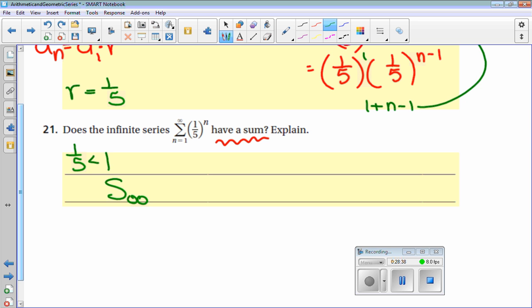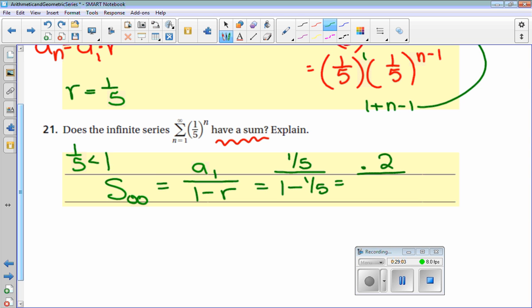The formula is your first term divided by 1 minus r. Do you agree? That is the formula. So what is the first term? 1/5, or 0.2 if you want to write it that way. And what is r? 1/5, or 0.2 if you want to write it that way.